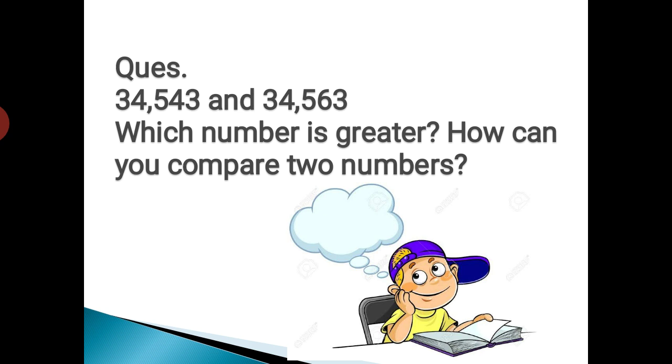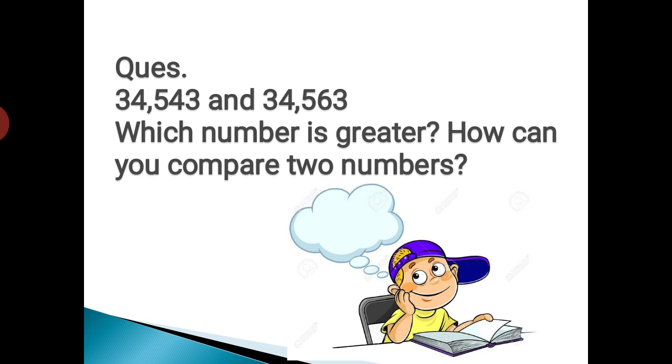So now my question is, here I have two numbers, 34,543 and 34,563. Students, please tell which number is greater out of these two, and how can you compare these two numbers?